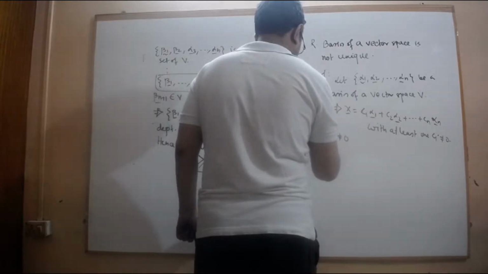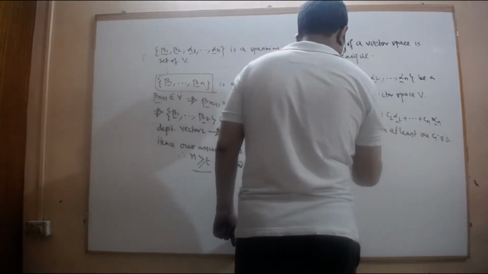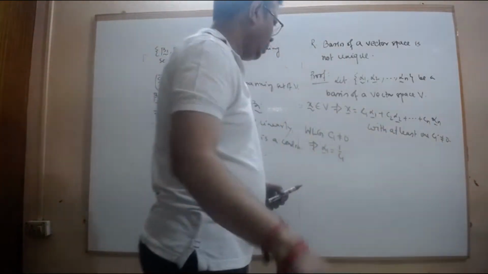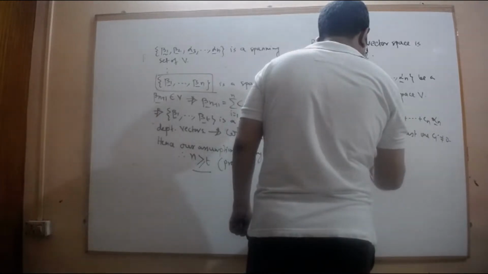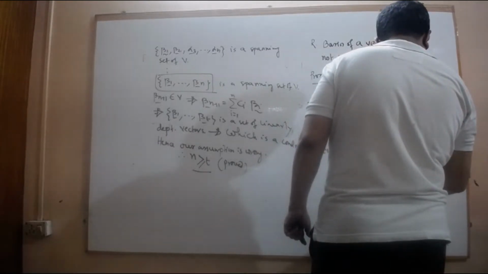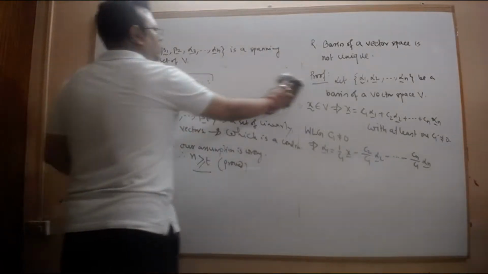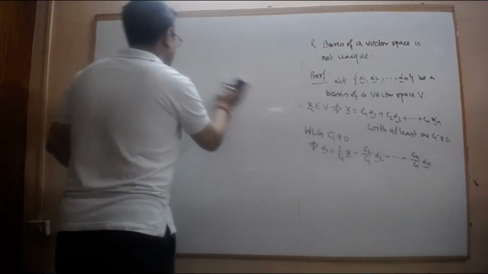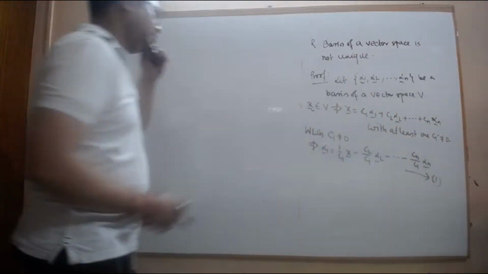Then alpha 1 curl can be written as 1 by C1 x curl minus C2 by C1 alpha 2 curl, up to minus Cn by C1 alpha n curl. Denote this by equation number 1.